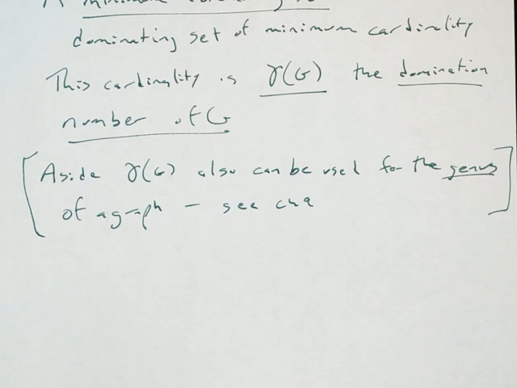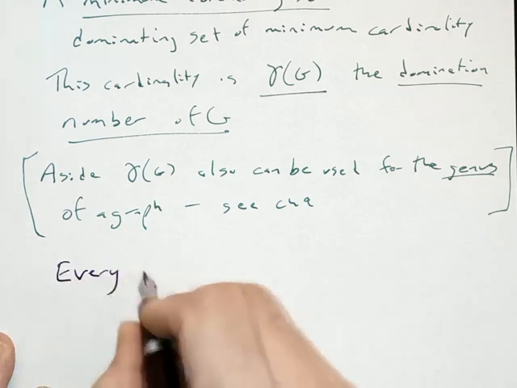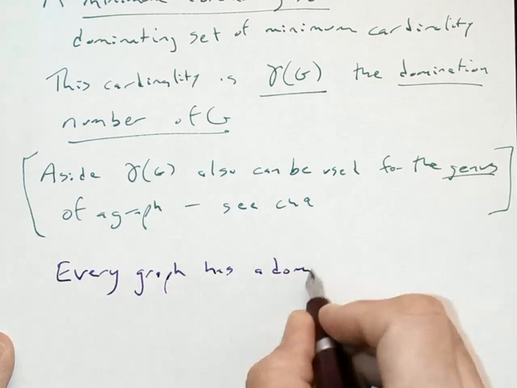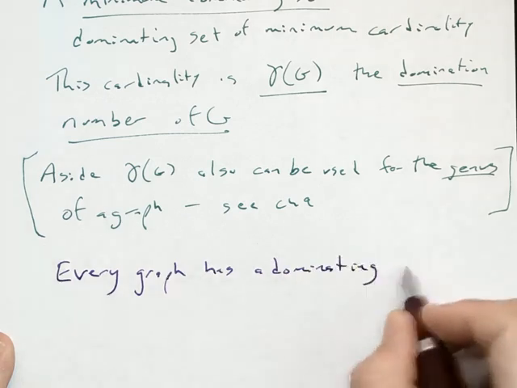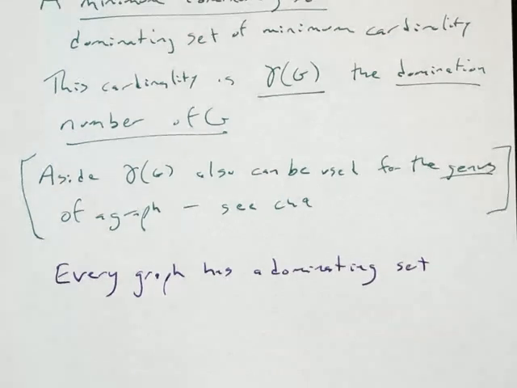Okay. I claim every graph has a dominating set. I claim it. You should prove it. By the way, this proof is one line long.